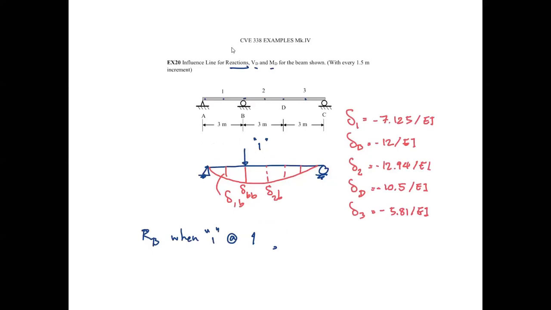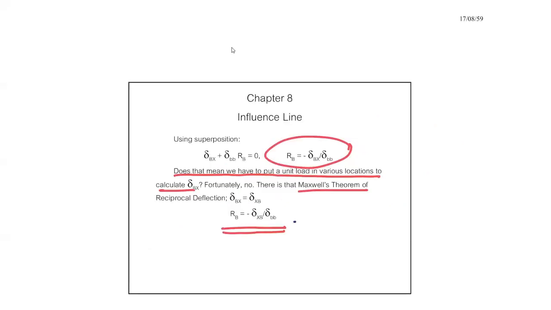So the key is everything will be divided by the deformation at the reaction itself. You see that? The formula says negative, and you may think negative divided by negative, in the end I should get positive, and I have another negative here.